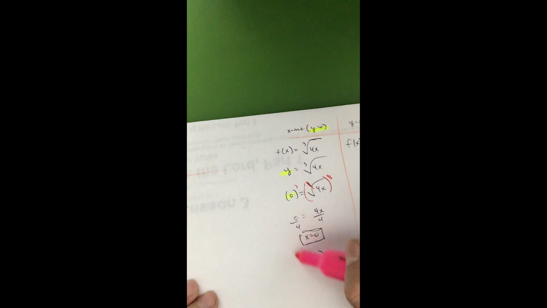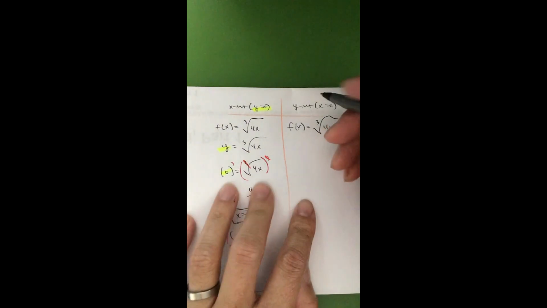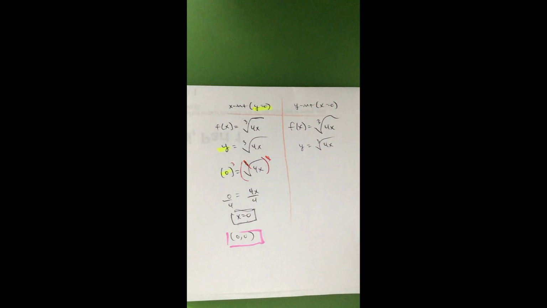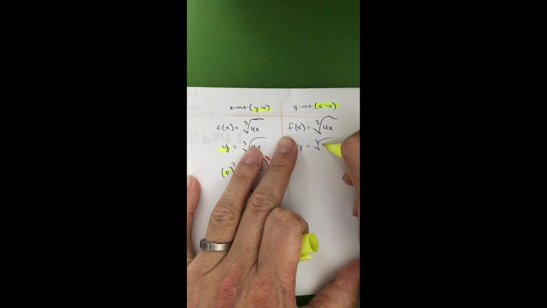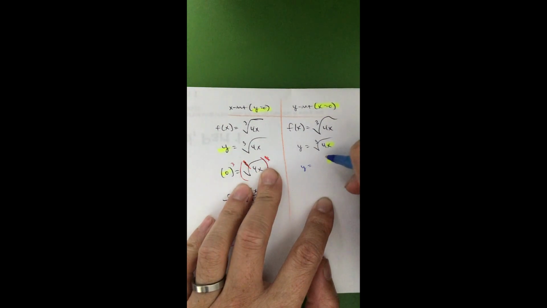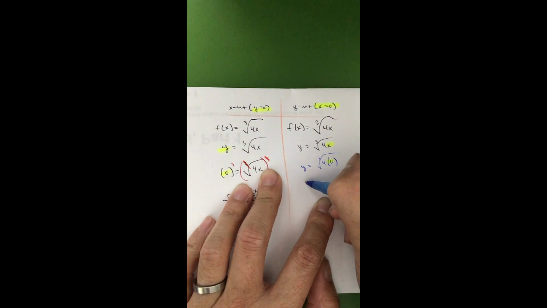Let's go ahead and graph that. Okay, let's get our y-intercept. Do the same thing, change it to a y. We're going to do substitution. Four times 0 is 0.